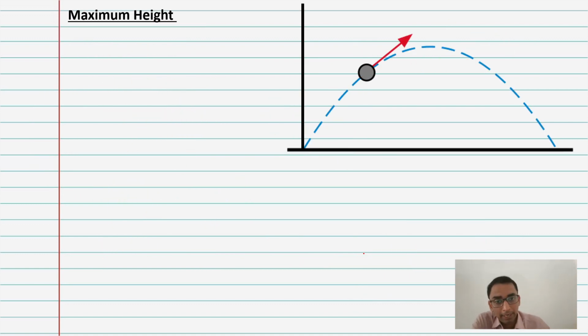Let's go to the maximum height part. So at time is equal to 0, the ball was here. At time is equal to say t, the ball reached its maximum height. So I'm going to now use the equation v square minus u square is equal to 2as, and I'm going to apply it to the y-axis because I do know that the shadow of the ball would be moving along the positive y-axis if we place a tube light like this.